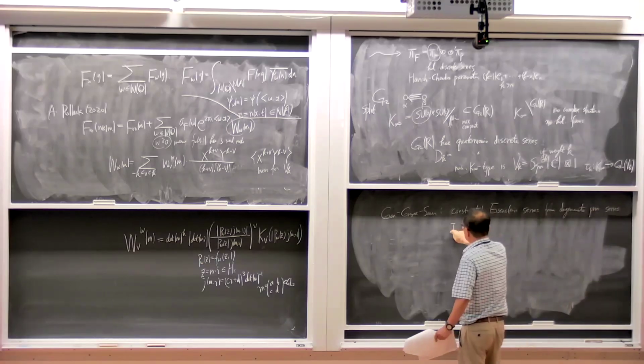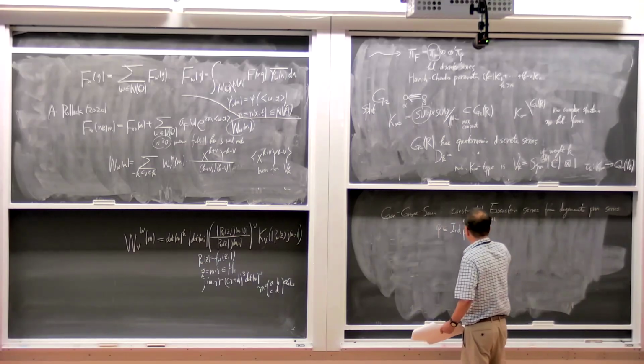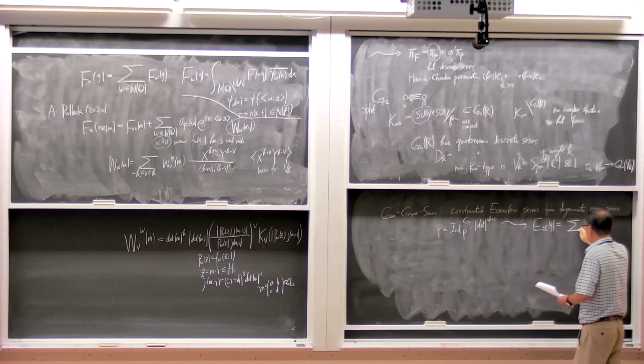So you have a degenerate principal series, and when you have this phi, then you can consider the Eisenstein series.